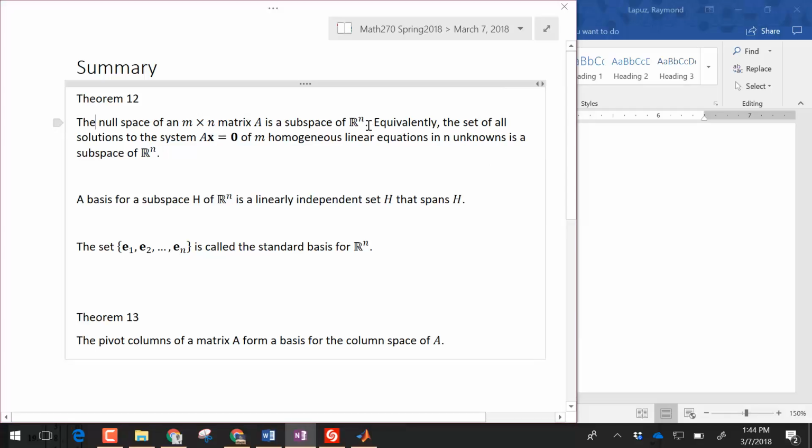That's the number of columns you have. Equivalently, the set of all solutions to the system AX equals 0 of M homogeneous linear equations in N unknowns is a subspace of Rn. But that's pretty much what the null space is.